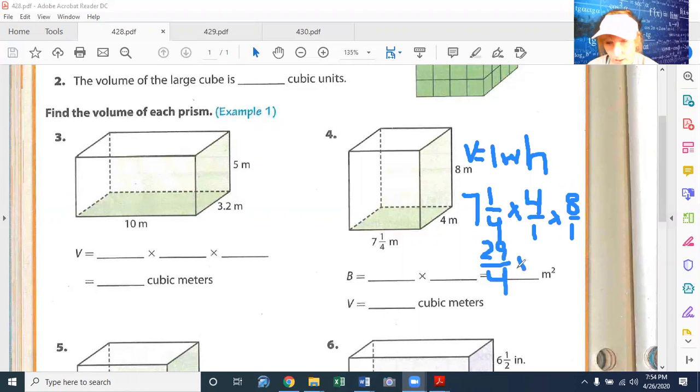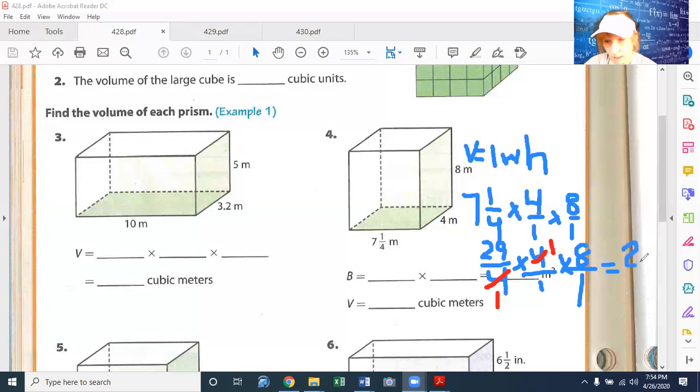And then again, we have times 4 over 1 times 8 over 1. Can we cancel anything? We can cancel the 4s if we would like. They become 1s. We could also put the 4 into the 8 if we wanted. We'll do that. And now we're left with 29 times 1 times 8.